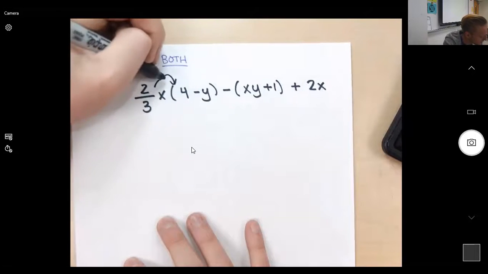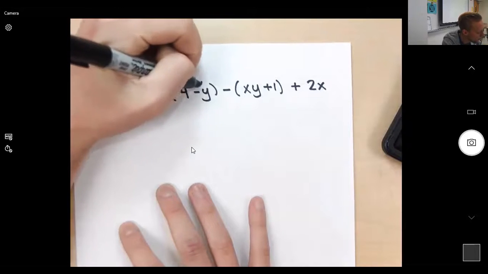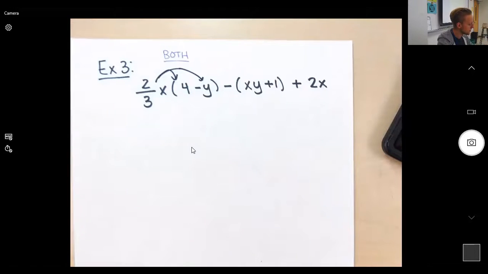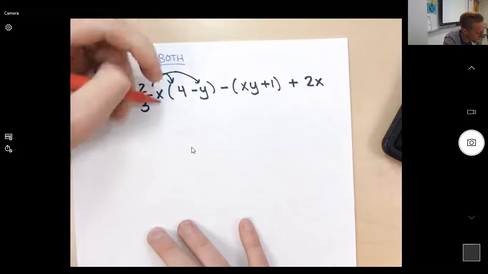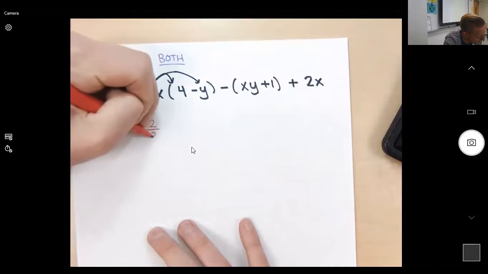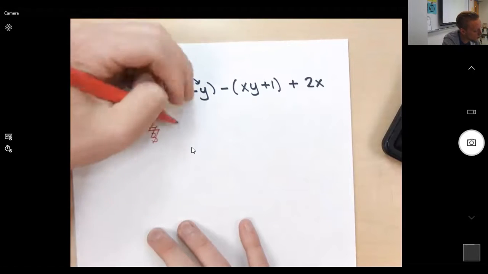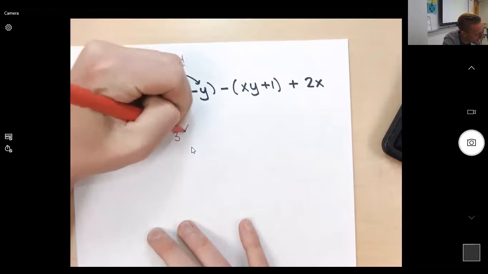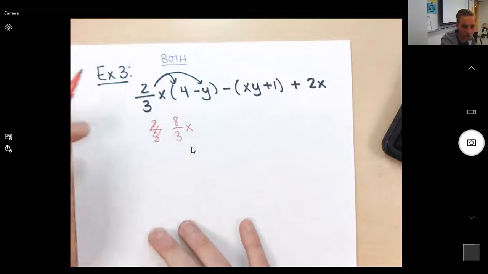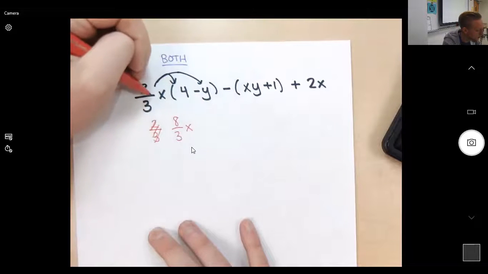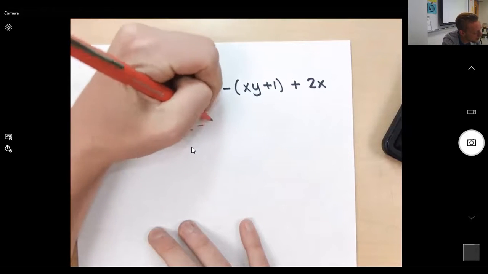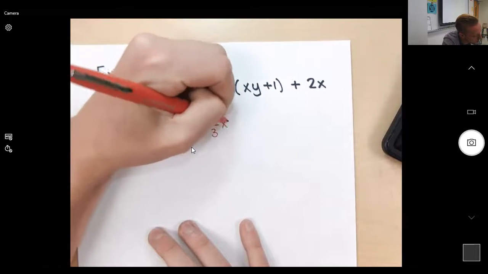So 2/3 x times 4 and 2/3 x times negative y. So this is what this is going to become, is 2/3 x, sorry, my bad. 2/3 x times 4 will be 8/3 x. I just multiplied the 4 and the 2. And then 2/3 x times negative y will be negative 2/3 xy.